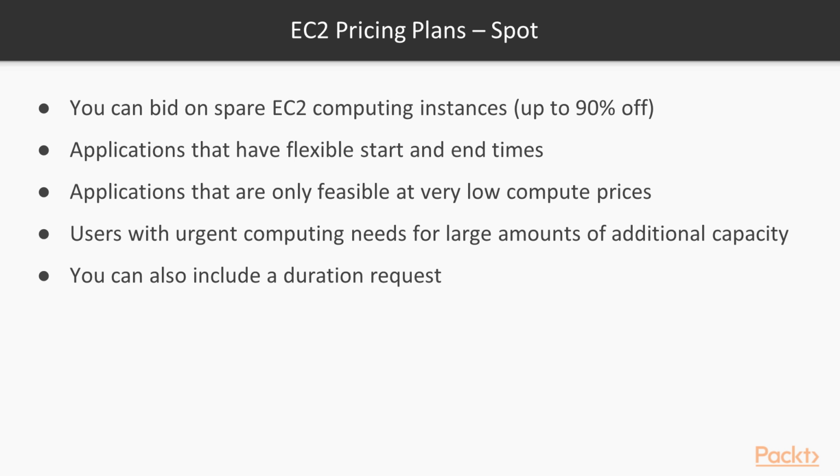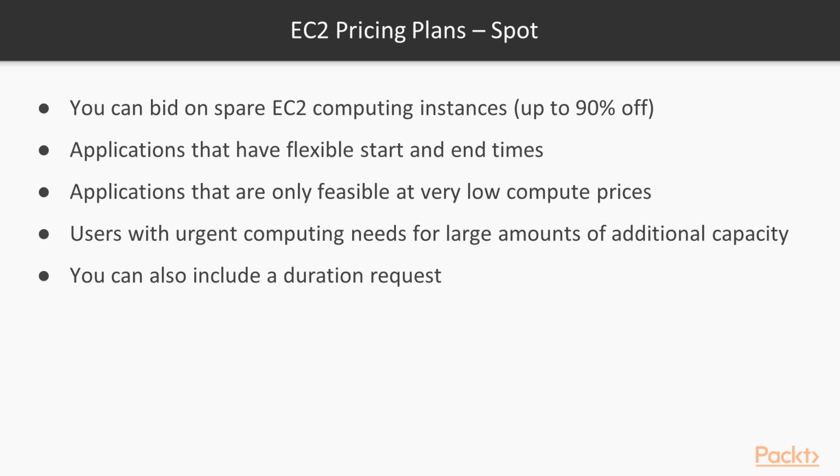Your spot instance is launched when the spot price is lower than the price you have specified and will continue to run until you choose to terminate it, or the market spot price exceeds the maximum price you have specified. Think about using spot instances when you have applications that have flexible start and end times, applications that are only feasible at very low compute prices, and users that have urgent computing needs for large amounts of additional capacity.